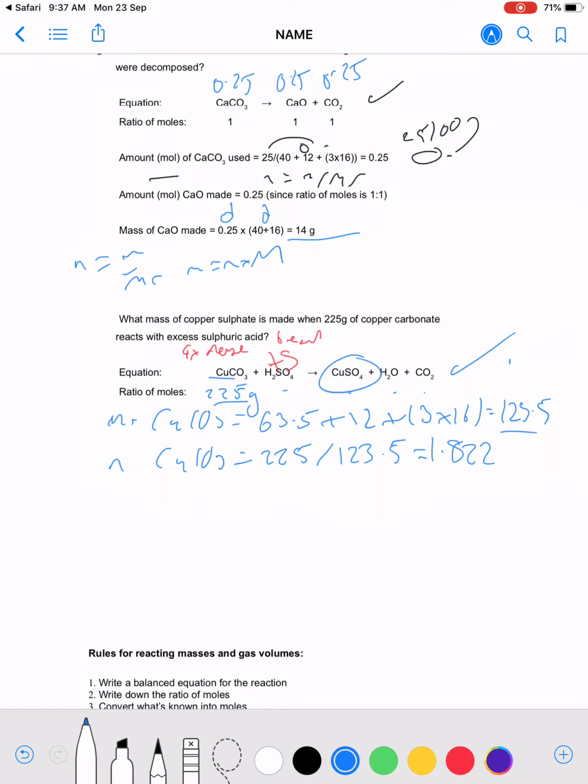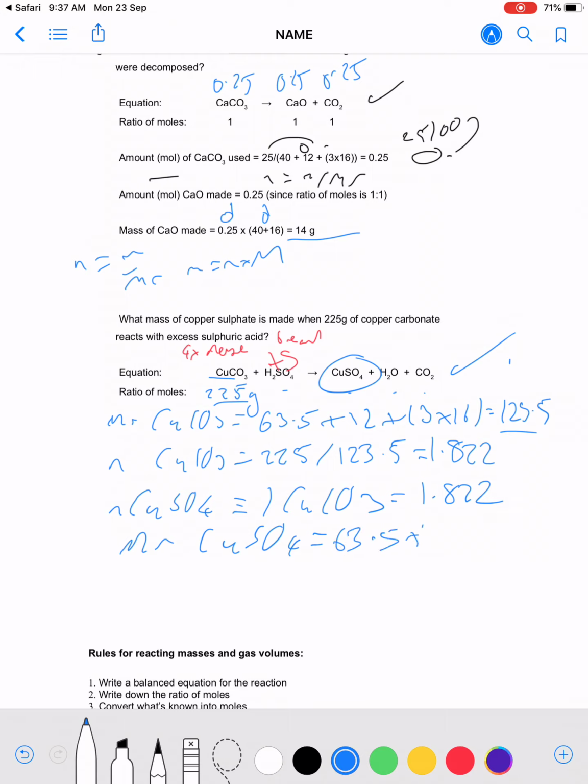So what's the moles of copper sulfate? Well, the reacting ratio is 1 to 1, so n(CuSO4) is equivalent to n(CuCO3), so that's also going to equal 1.822. Now I need the Mr of copper sulfate, which is 63.5 plus 39.1 plus 4 times 16, that equals 159.6.